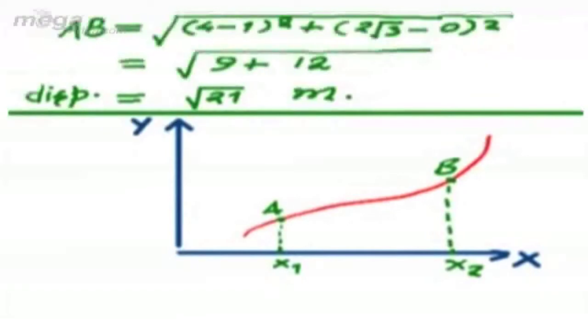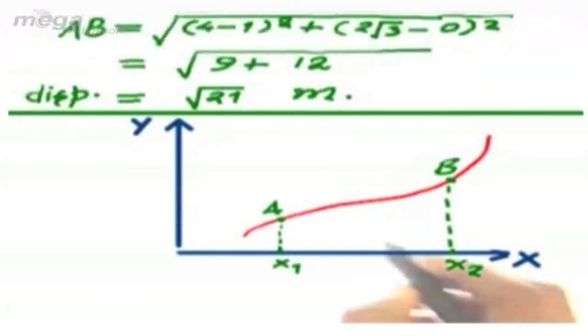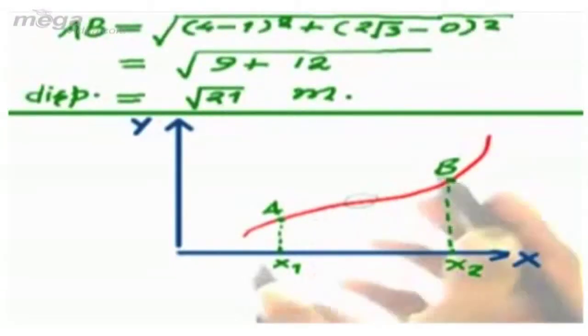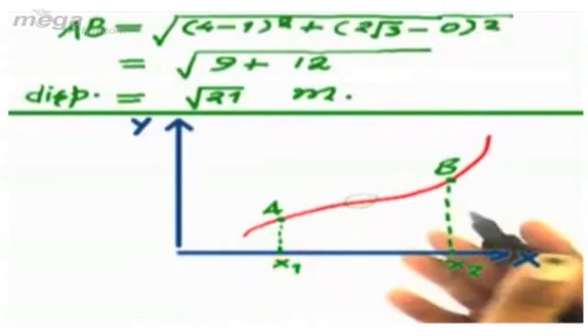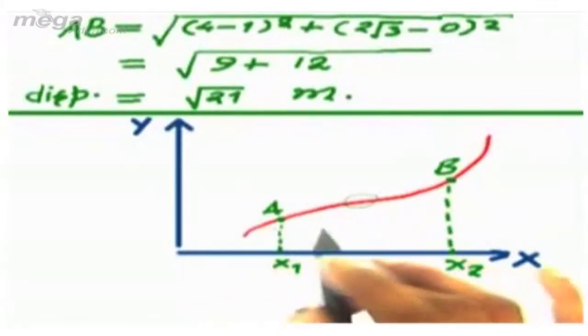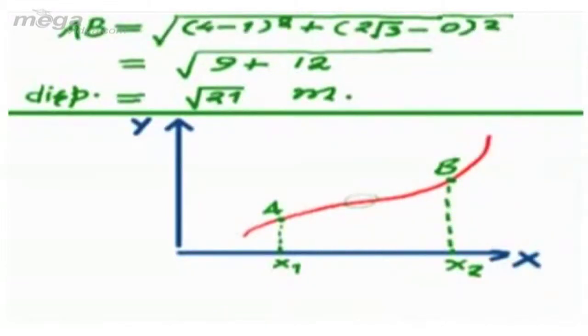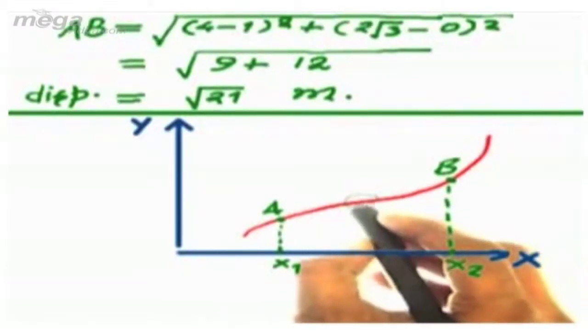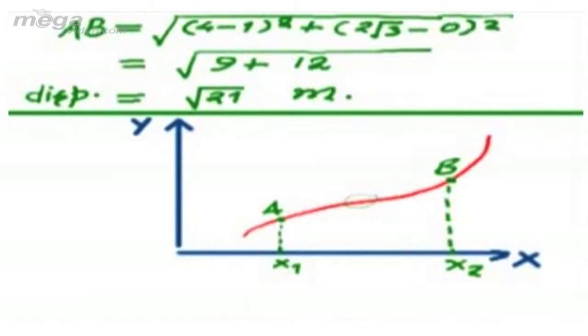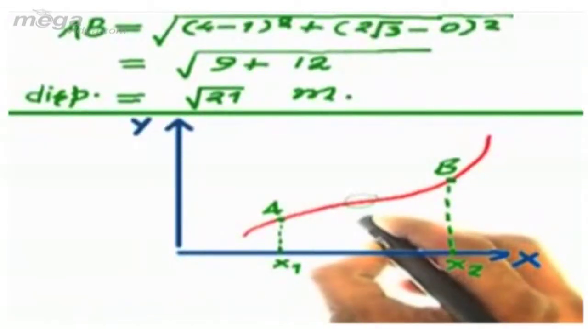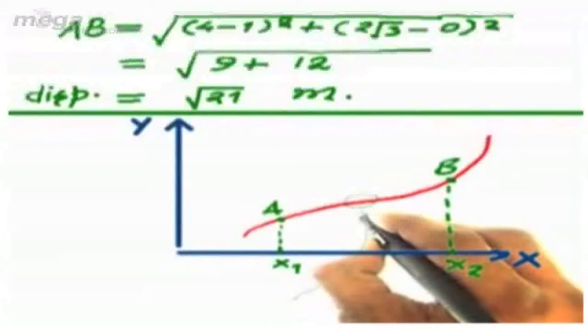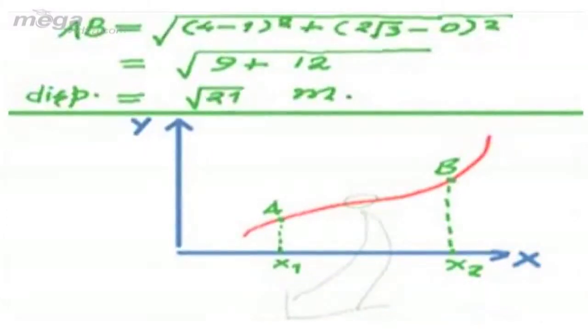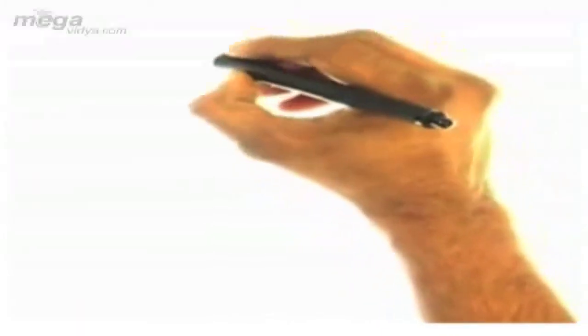So here we are just taking a small part of this curve between A and B. It should be neither at A nor at B; it must be in between. After taking this, if we draw this curve on the next page, then we can indicate the length of the element to be dl.